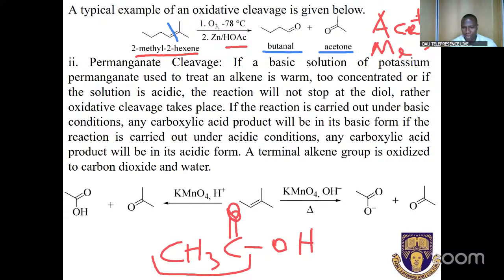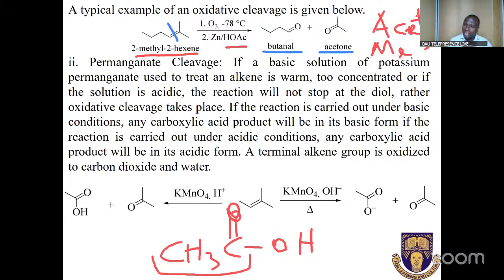Let's go to the second part of the oxidative cleavage, and that is using permanganate. It's called permanganate cleavage. Remember, the first one was using ozone, what we call ozonolysis. This one is permanganate. We talked about reaction with permanganate earlier.